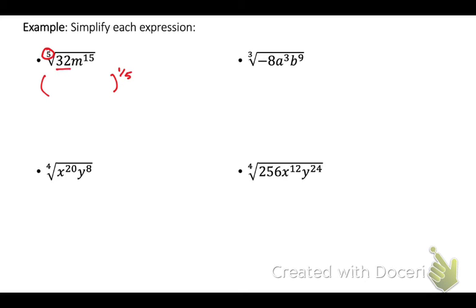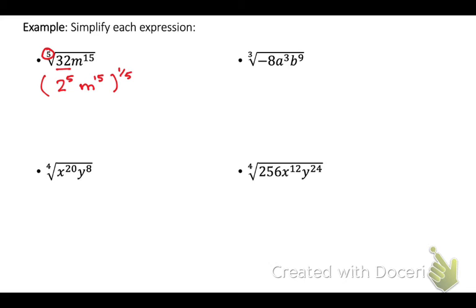So 32 is what? 8 and 4, which is 2 and 2 and 2 and 2 and 2. It's 2 to the 5th. I was hoping by now you could just tell me it's 2 to the 5th. Okay, and m is just m to the 15th, right?